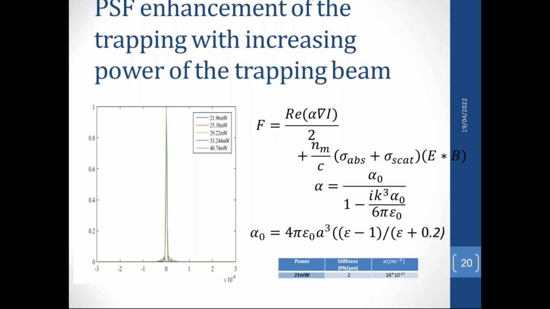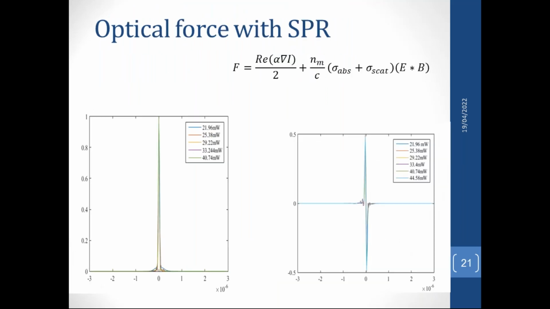Here we measure the stiffness to be 2 piconewton per micrometer, and we have a polarizability for the AU particle of 60 multiplied by 10 to the power of minus 17. As you can see, we also measure the trapping force, and it's much more confined for the higher power.